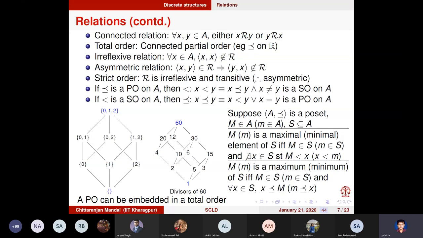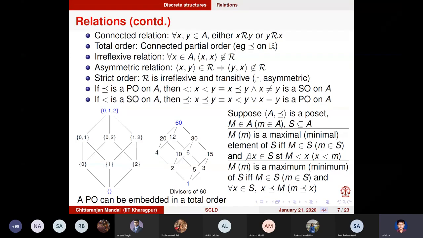We talked about relations which are irreflexive and transitive, meaning they are asymmetric, and we call them strict order relations. You can represent a partial order by Hasse diagrams, and you can define minimal and maximal element or minimum and maximum element for strict orders and partial orders.